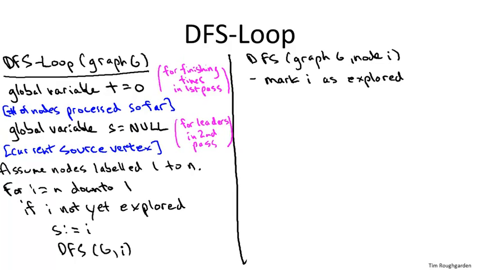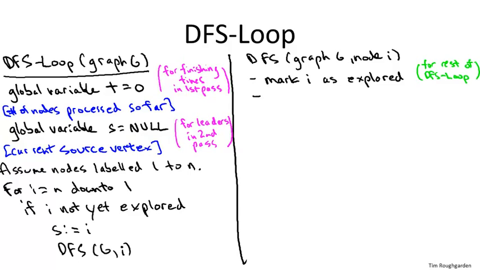So even if this DFS from a given node i finishes and then the outer for loop marches on and encounters i again, it's still going to be marked as explored. Now, one of our bookkeeping jobs is to keep track of from which vertex the DFS that discovered i got called. So when i is first encountered, we remember that s was the node from which this DFS originated. And that, by definition, is the leader of i.